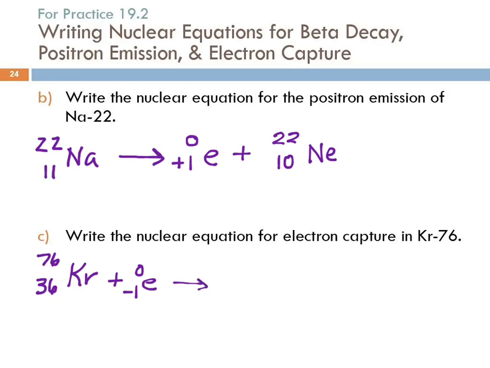And so then you just add the superscripts and subscripts, and you get 76 and 35. It's bromine, right? Bromine. So the subscripts on the left add up to 35, and the subscript on the right is 35. Again, watch those negatives. They're pesky. Any questions? What did that turn into? Bromine.